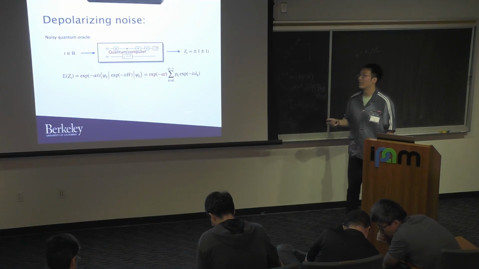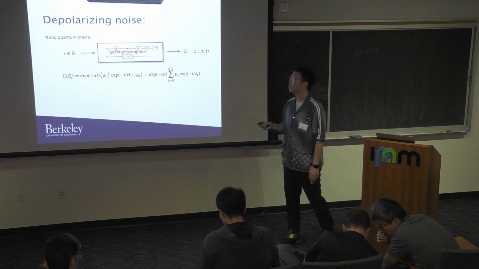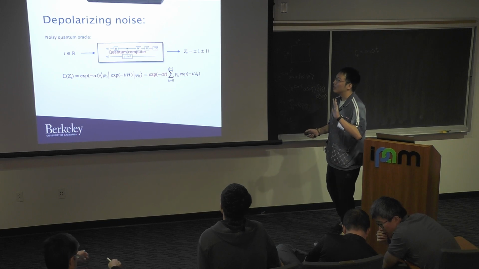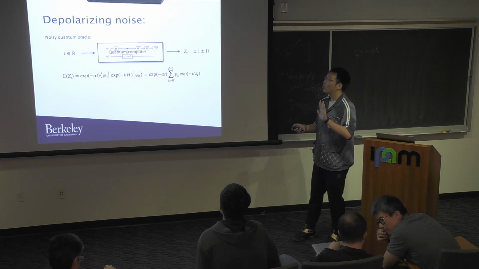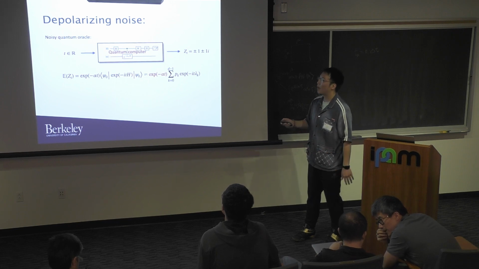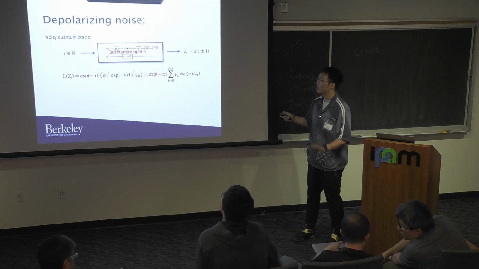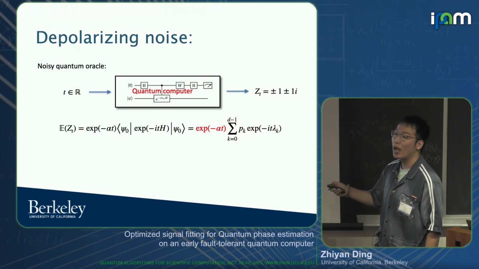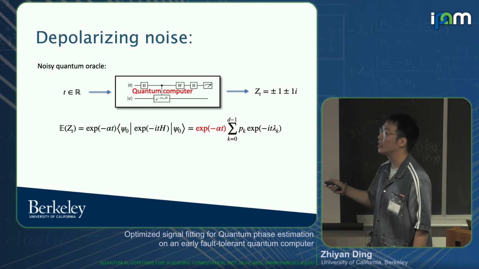Okay. So last thing I want to talk about is the depolarizing noise. In the previous two projects, we always assumed that we have a perfect quantum computer without any noise. But in this case, we assume that when we apply the Hadamard test circuit, we have some global depolarizing noise.